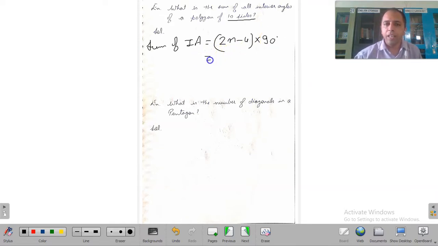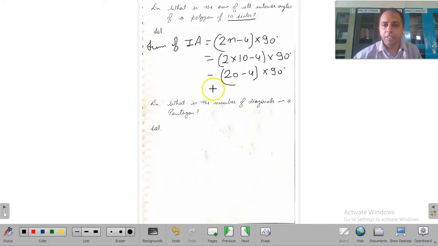Here n is how much? n is 10, so it will be 2 multiplied by 10 minus 4 multiplied by 90 degrees. How much is it? 20 minus 4 multiplied by 90 degrees. 20 minus 4 is how much? 16.